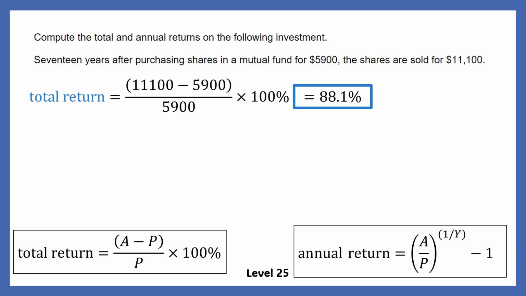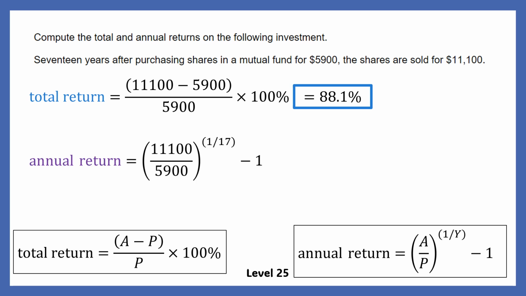So another thing we've got to look at is the annual return. The annual return means we're going to take the amount we ended with, divided by the amount we started with, and then we're going to raise it to the 1 over y power. So in this case, 1 over 17 power, because we need to account for the number of years. And then we're going to subtract 1. What happens when we do that is we get 0.038.